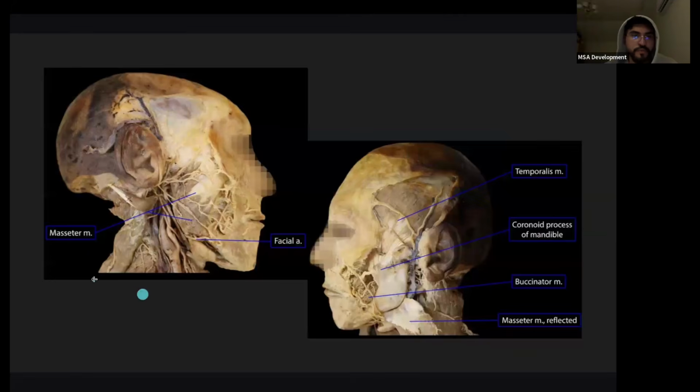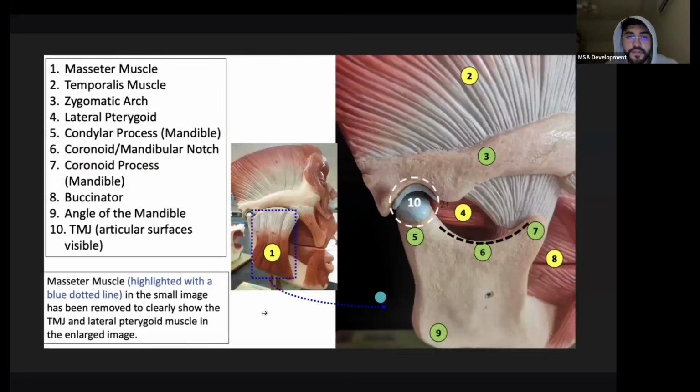Before that, this is your masseter muscle, which is basically anterior to your parotid gland. This is going to be your temporalis muscle right here. This is your buccinator muscle right here as well. If you look here, this is your masseter muscle again.